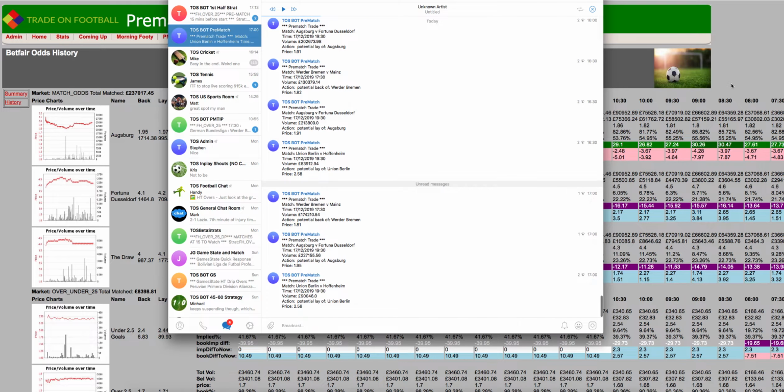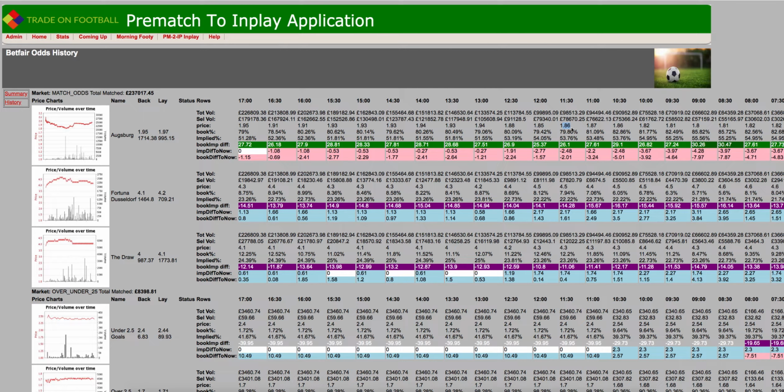As you can see, in that time it went from 1.86 to 1.95. So it's drifted by 9 points.